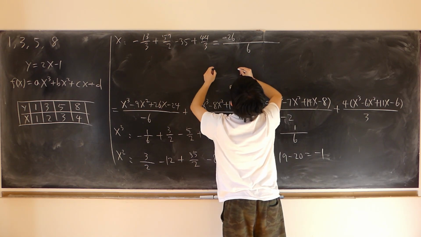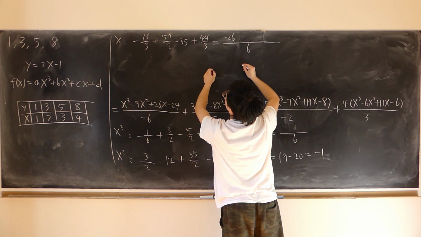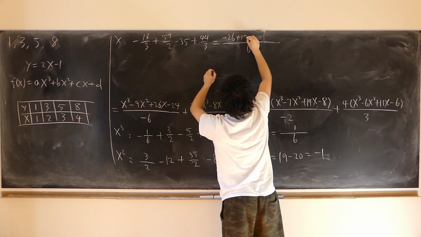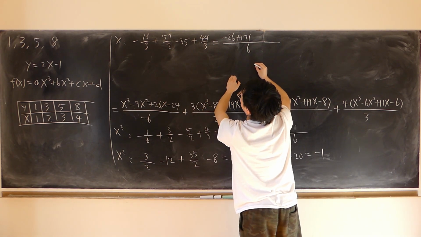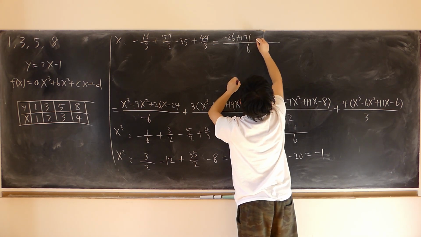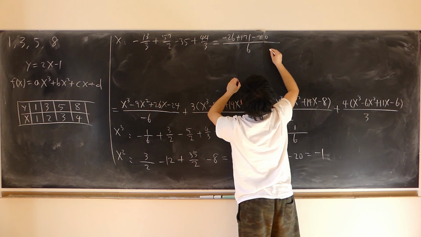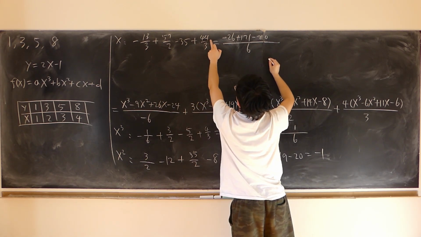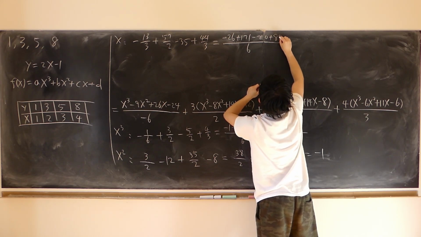So plus 57 times 3, 171. And this times 6 is what? 210. And this times 2 is 88.